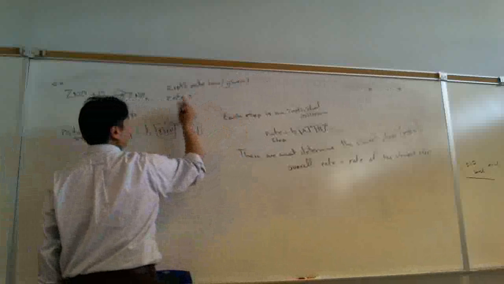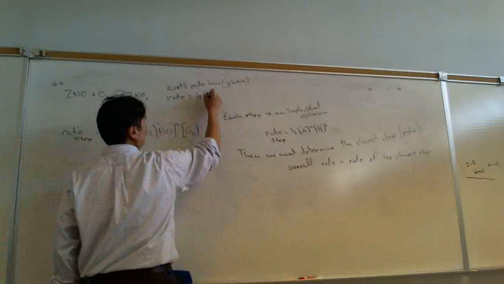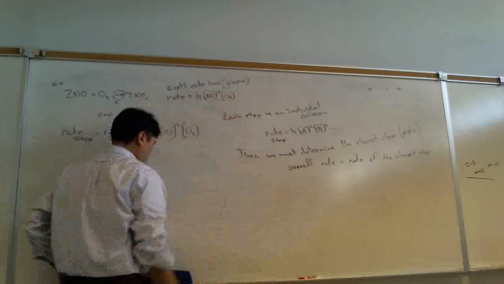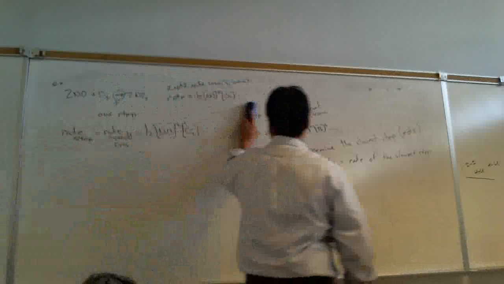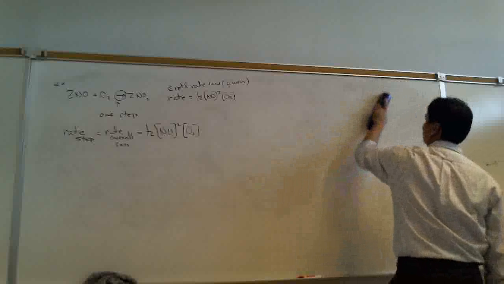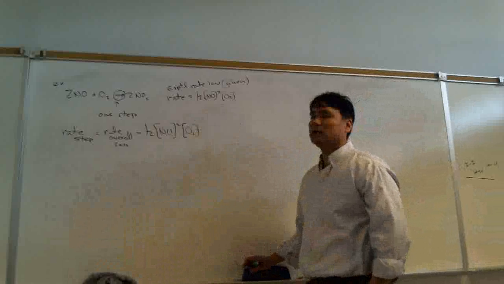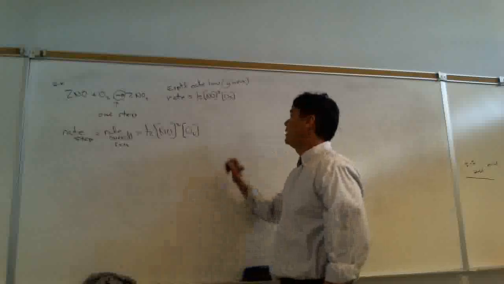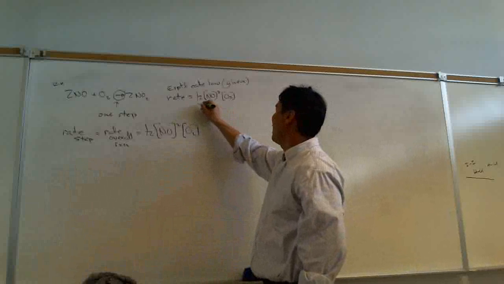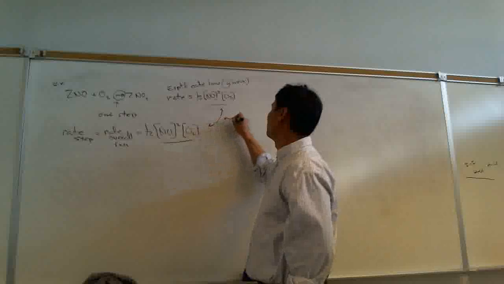The rate, as determined by whatever method they used, came out to be [NO] squared times the O2 concentration to the first. When you look at this, it looks good, right? Because this would match this. These two match.